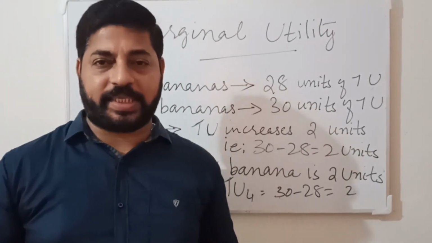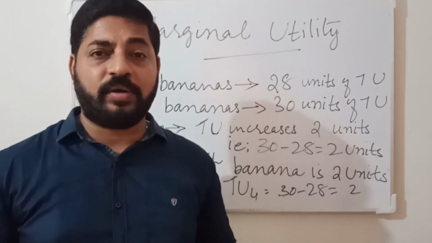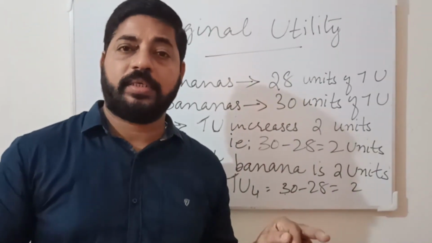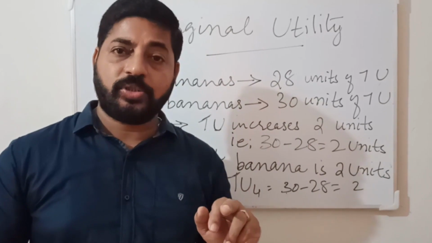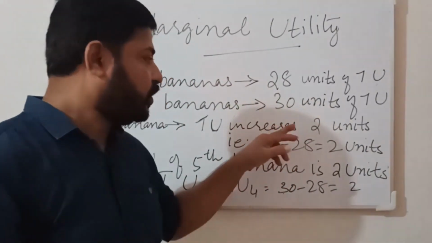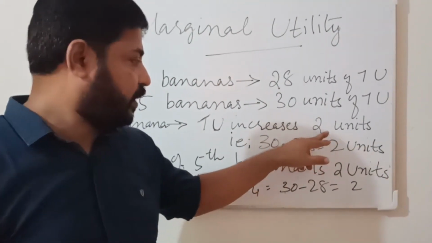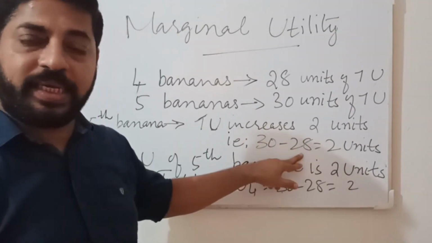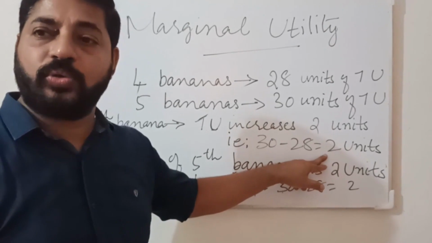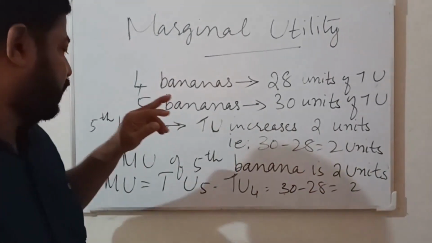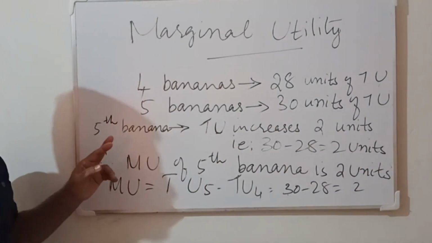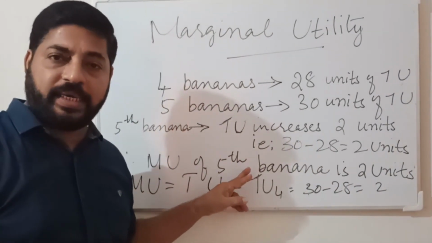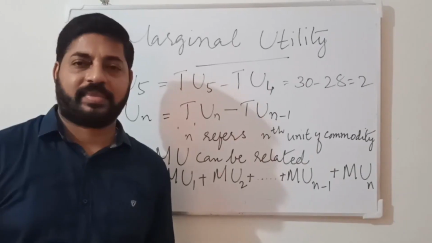It's more clear to say that consumption of the 5th banana has caused total utility to increase by 2 units. That is 30 minus 28 is equal to 2 units. Therefore, marginal utility of the 5th banana is 2 units.